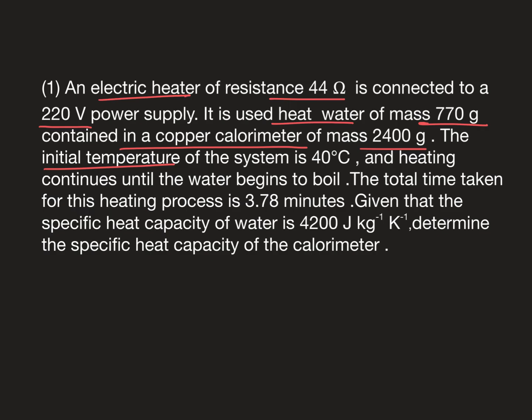The initial temperature of the system is 40 degrees Celsius and heating continues until the water begins to boil. The total time taken for the heating process is 3.78 minutes. Given that the specific heat capacity of water is 4,200 joules per kilogram per Kelvin, determine the specific heat capacity of the calorimeter. Solution.